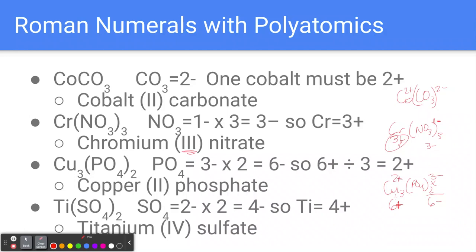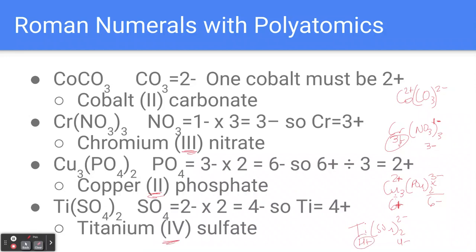So that's where we're going to get that copper 2 phosphate. And then lastly, titanium sulfate. So we've got our titanium. We've got 2 sulfates. Each sulfate is a 2-. So 2- times 2 gives me a 4-. We only have one titanium, so that has to be the 4+, which gives us an IV ending.